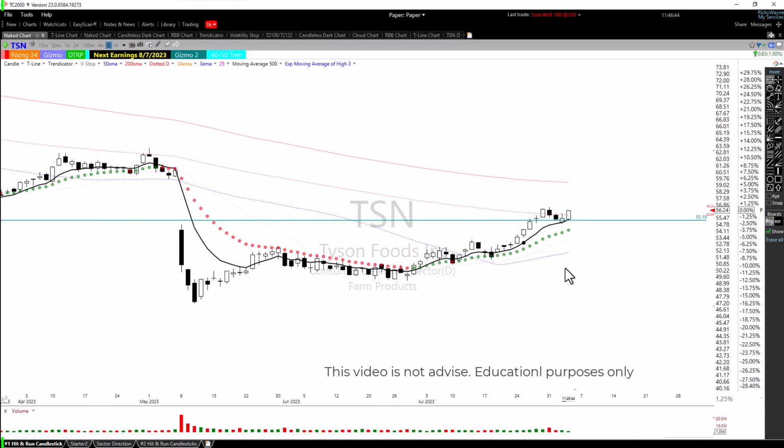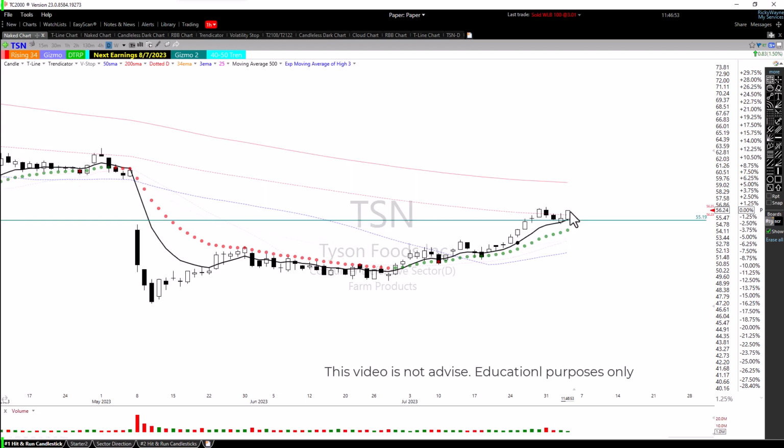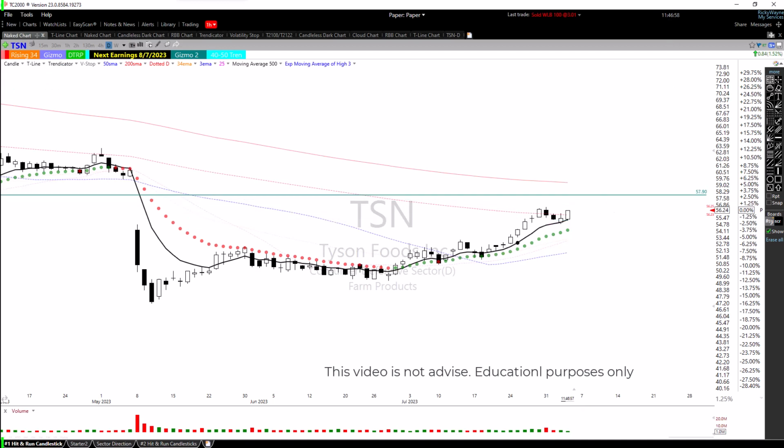There's sort of a running joke in hit and run candlesticks, where if I'm in a chart like this, and I have a target here, and say we move up, and I'll start talking about this, and I'm still in it maybe, and I'm not selling it, and I want it to hit 57.90.